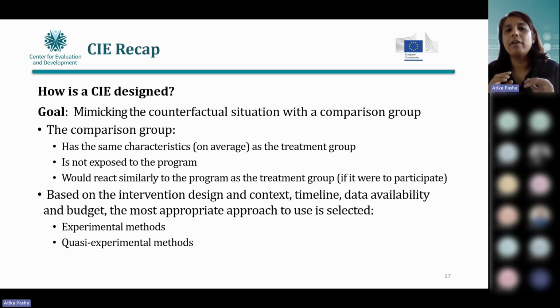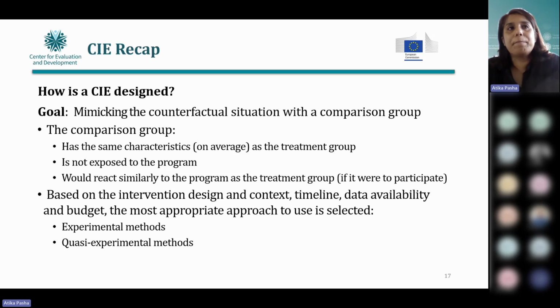You need to have, on average, the same type of characteristics in your control group, or group of individuals who have not received the program, as your treatment group. And this brings me to the second point: they should not have received the program. If you're considering individuals who've also been somehow affected by your program, then you're not creating your counterfactual situation.